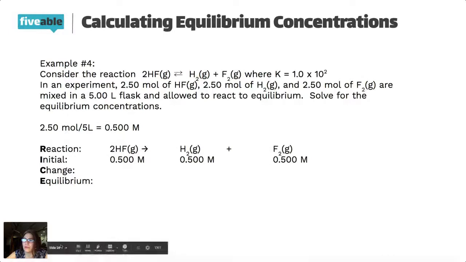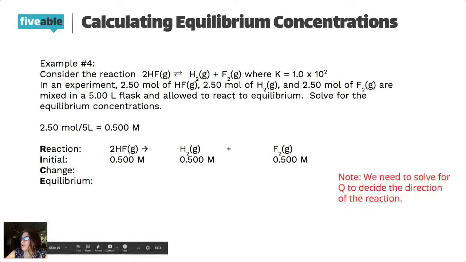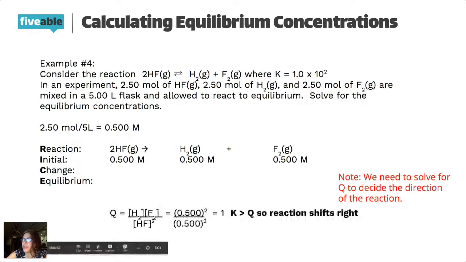We solve for, remember, we said a while ago, we solve for Q, the reaction quotient. So we solve for Q because maybe in here it's not so obvious how the equilibrium will shift.